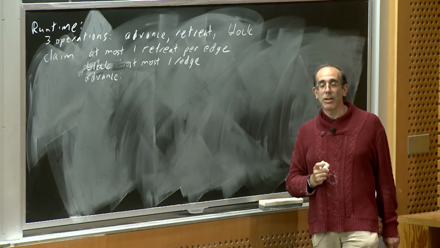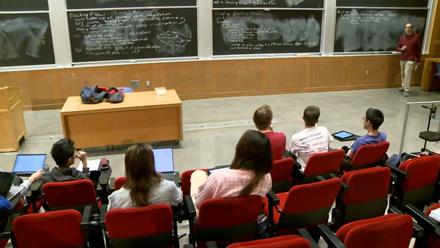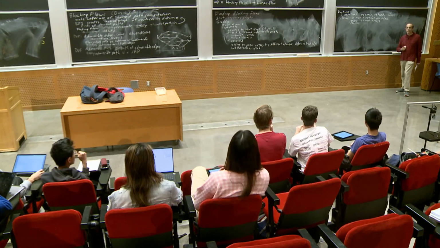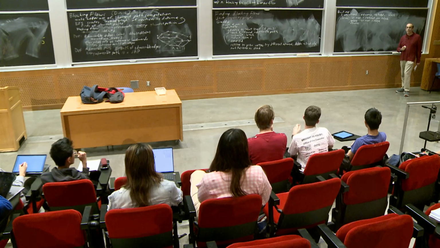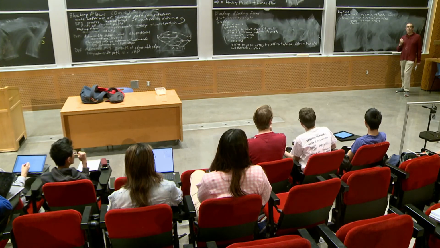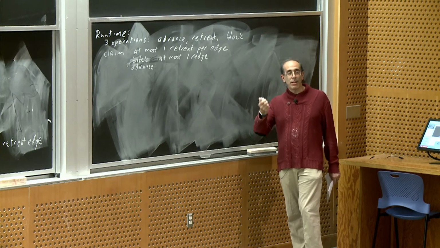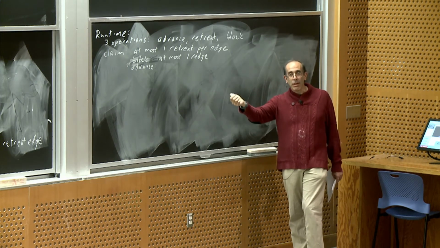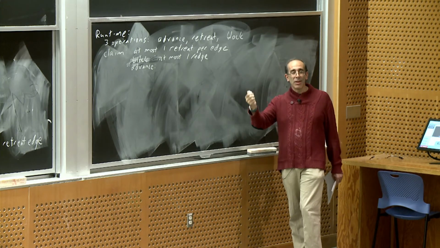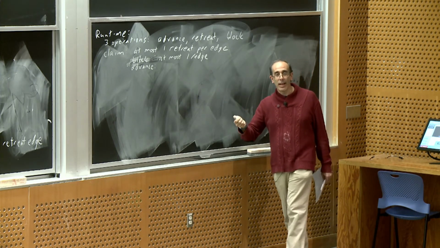Once I advance along an edge, there's two things that might happen. If you advance along the edge, you're committing to either destroying the edge, by saturating it or by deleting it. Exactly. Once I advance along the edge, I'm not going to get back to the beginning of that edge until after I do a block and go back to S, or do a retreat that takes me back to the beginning of that edge.